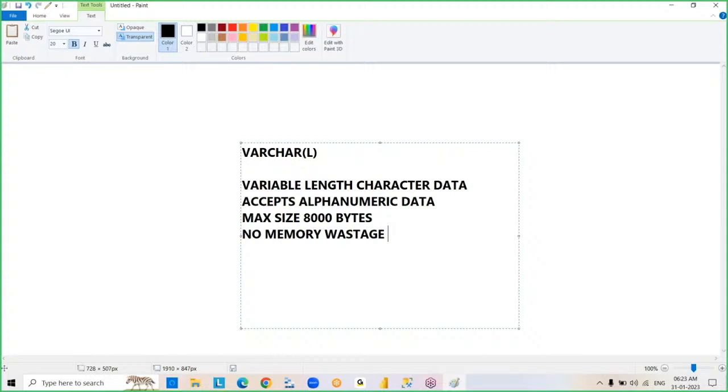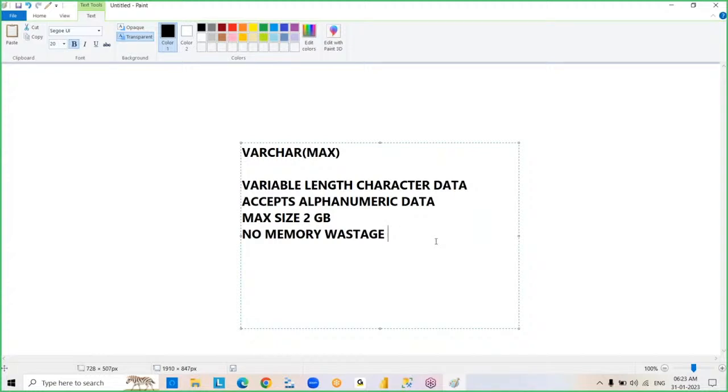Suppose the requirement is exceeding 8000 bytes, then what? We are going to work with the varchar(max) data type. So varchar(max), everything like the varchar data type only.